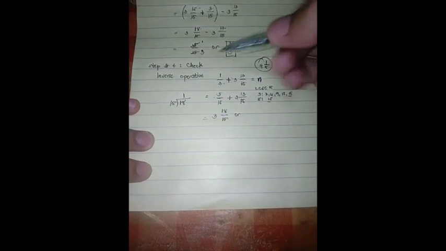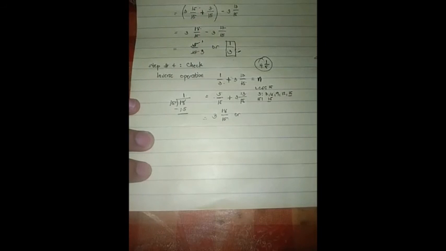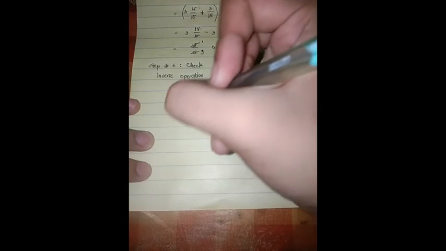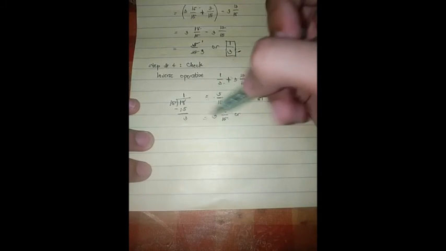So 18 divide 15, we have 1. So 15 times 1, we have 15. Then subtract. So 18 minus 15, we have 3. So no need to write 0.